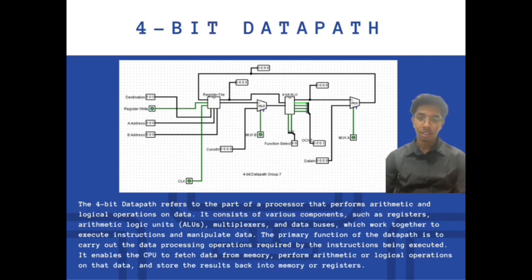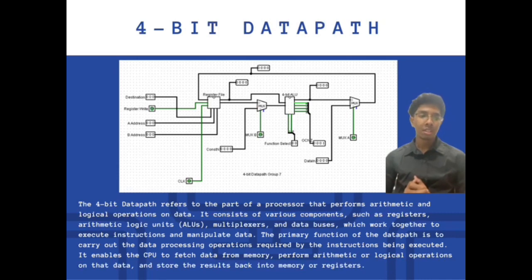As we can see, this is the 4-bit data path. The 4-bit data path refers to the part of processors that performs the arithmetic and logical operations on data. It consists of various components such as registers, arithmetic logic units or ALU, multiplexers, and databases, which work together to execute instructions and manipulate data.